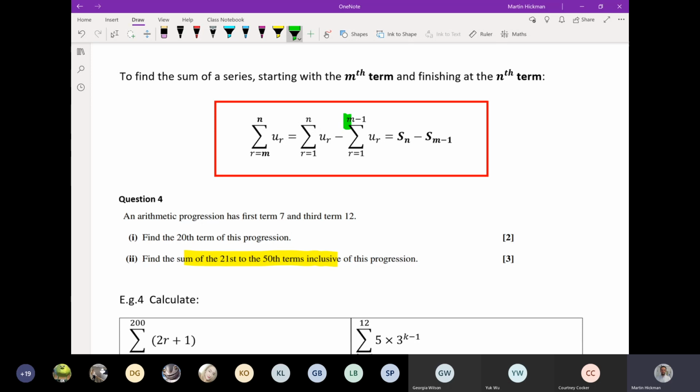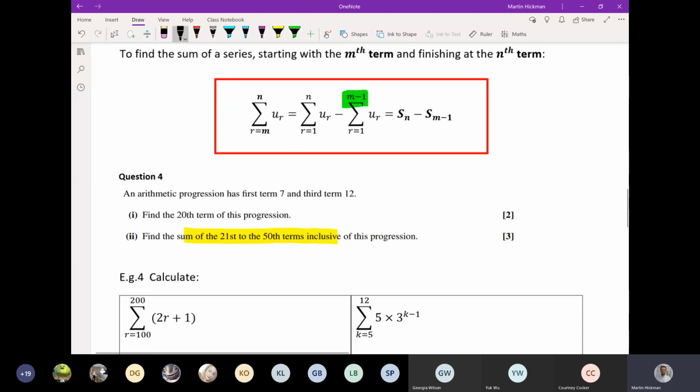But the key thing here is we've got this m minus 1, because we don't just want to go up to m, because we want that term. So in that example, we do the sum of the first 50 terms, but then we take away the sum of the first 20 terms because we want to include 21. If we take away the sum of the first 21 terms, we'll be taking away that 21st term as well.